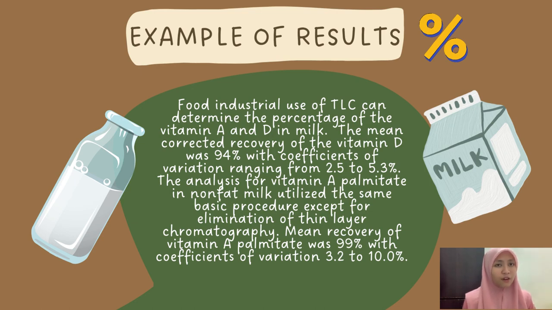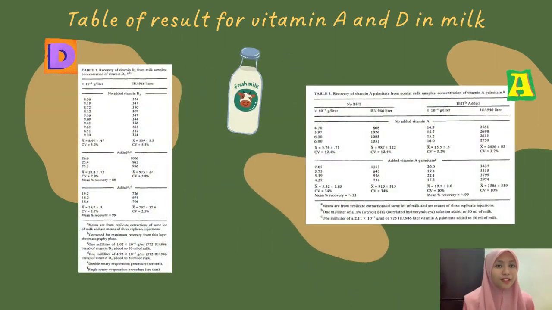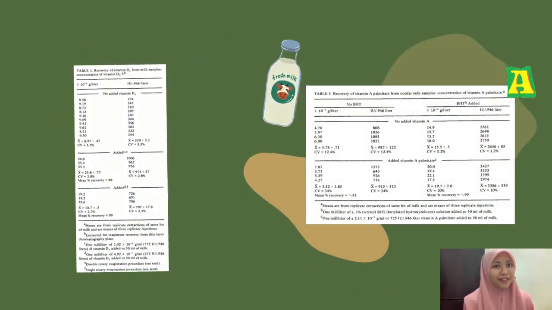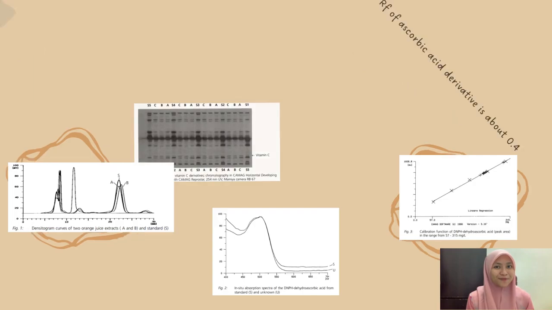Mean recovery of vitamin A palmitate was 99% with coefficient of variation 3.2 to 10%. So this is the table of results for vitamin A and D in milk. The result for vitamin C in orange juice from this TLC is the RF value for ascorbic acid, which is 0.4. And that's all from me. Thank you.